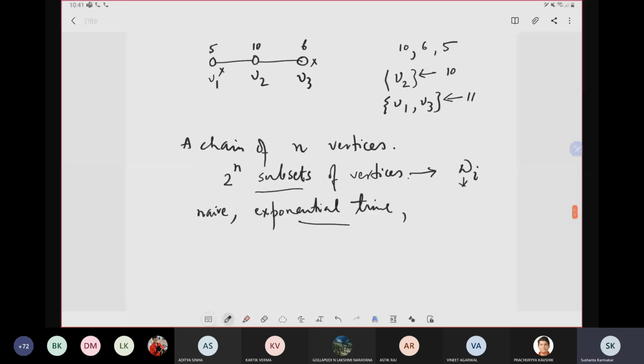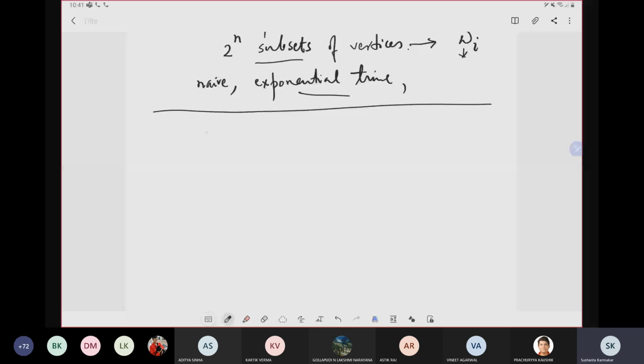So one interesting idea is to notice the duplicity in the subproblems. What is the duplicity? Let us consider this.